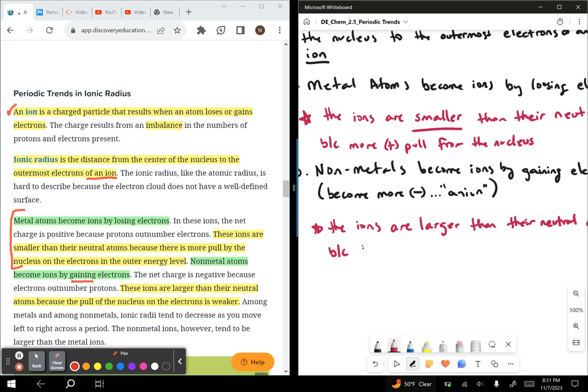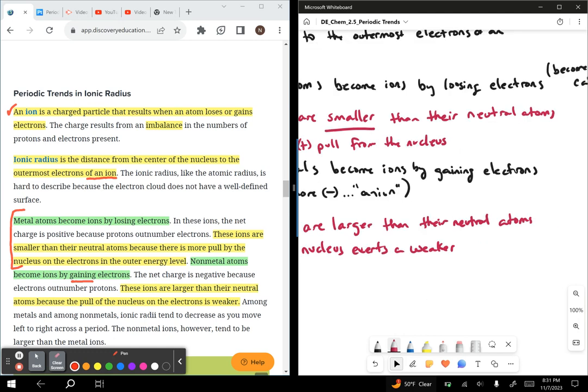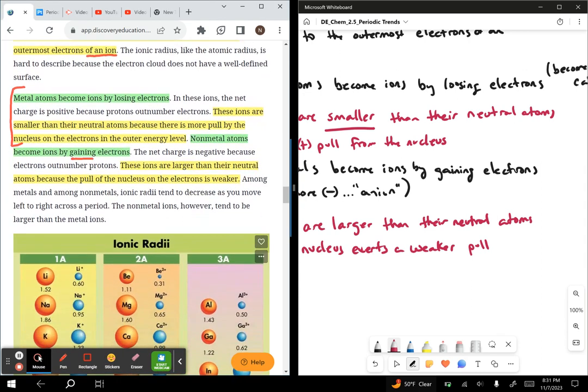Because the nucleus exerts a weaker pull, and this is by nature of it having more electrons. A weaker pull. I think that kind of explains it.